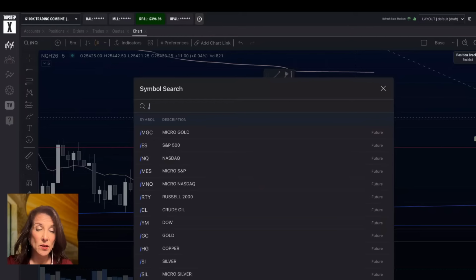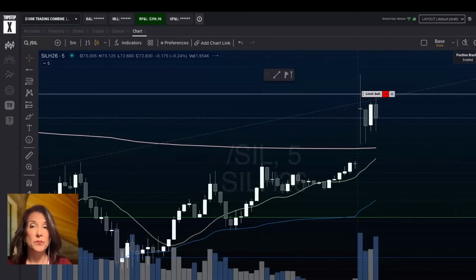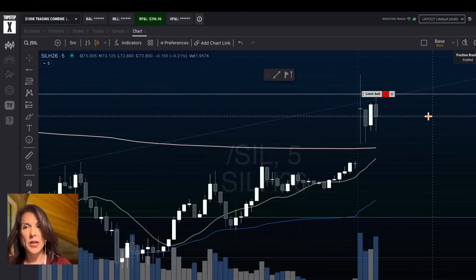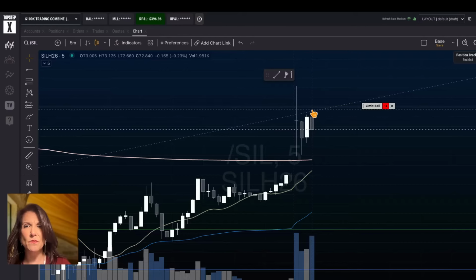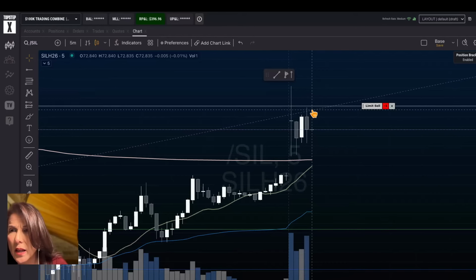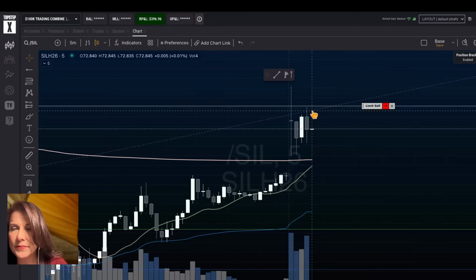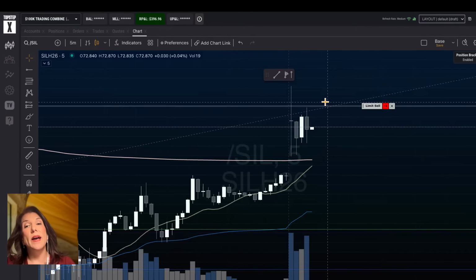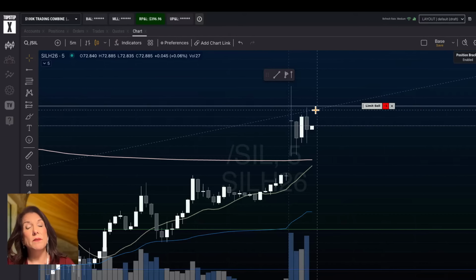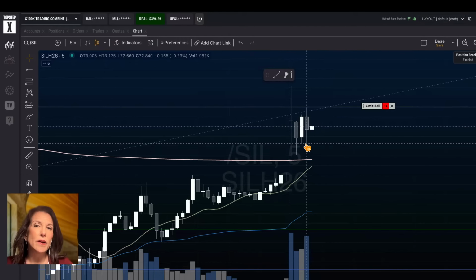Let's go back to silver. Right? I think the bounces in silver are sells. I have a sell. Oh my goodness, it missed me by, what was that? Oh, 4 ticks. So yeah, I have a sell here. I don't love that I'm making higher lows for this sell.